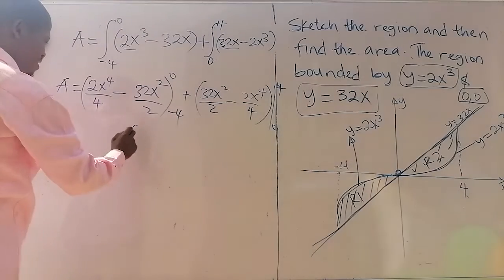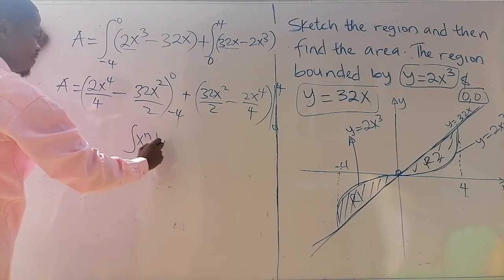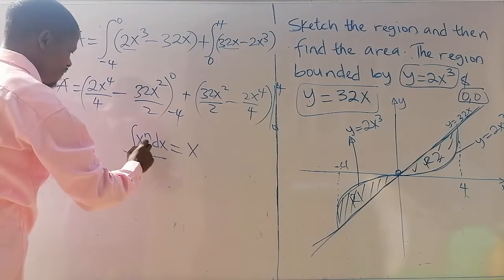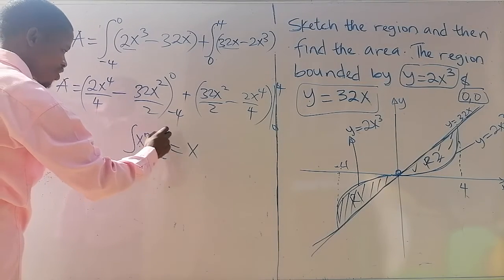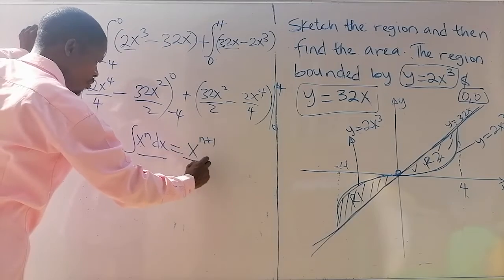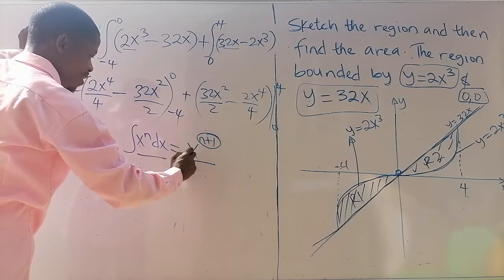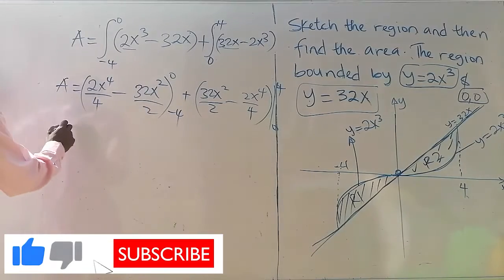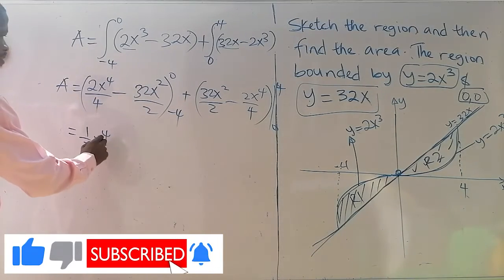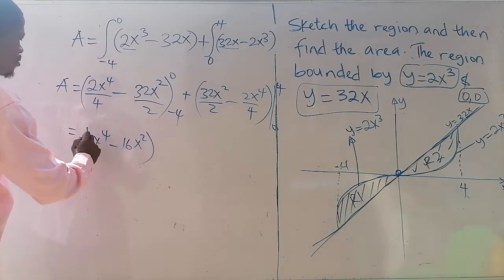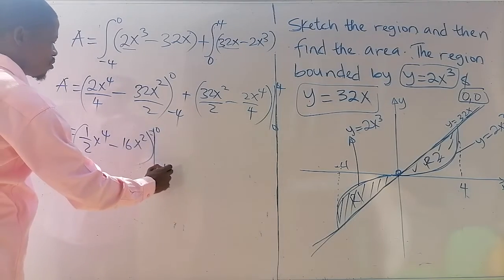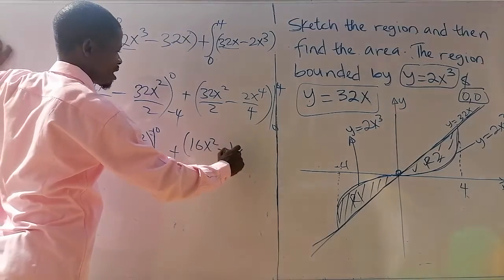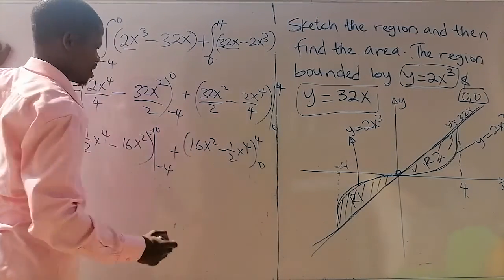Don't forget, the general formula for integrating is very simple: your function, to the power plus 1, over the new power. That's how to integrate, and that's what I applied. So you now have half x to the power 4 minus 16x squared, upper and lower, then plus 16x squared minus 1 over 2 x to the power 4, upper and lower.